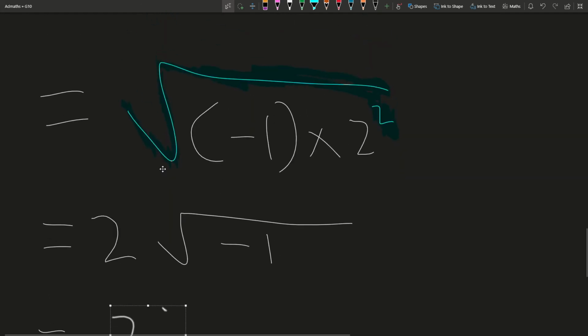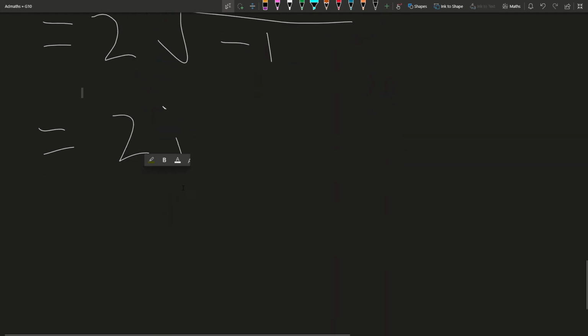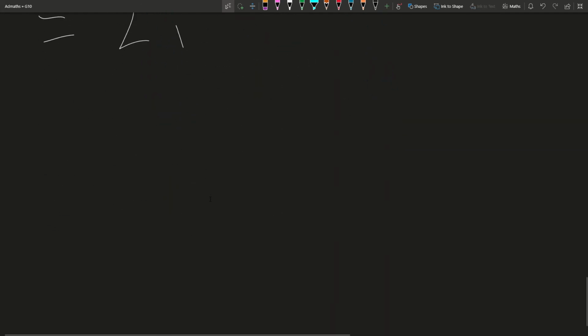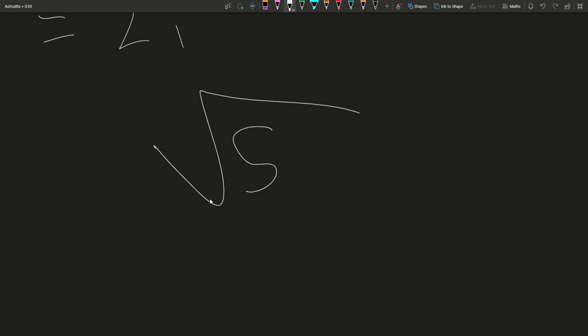So any number can be broken down like this. Any imaginary number can be broken down into something multiplied by i. So if you had the square root of, let's say, negative 5, what would you do there? Well, 5 isn't a perfect square, but you could also say it is negative 1 times 5.